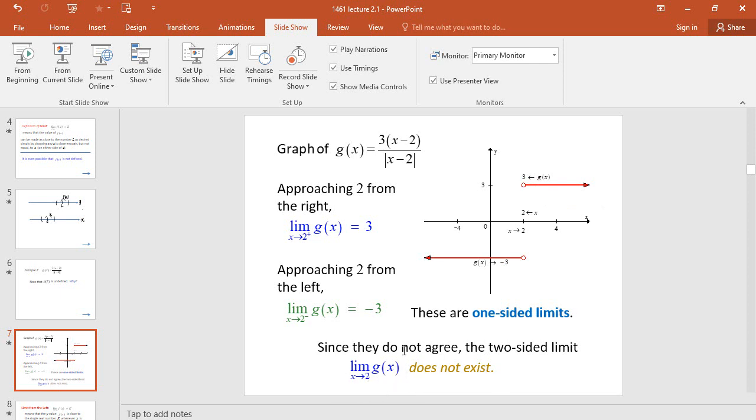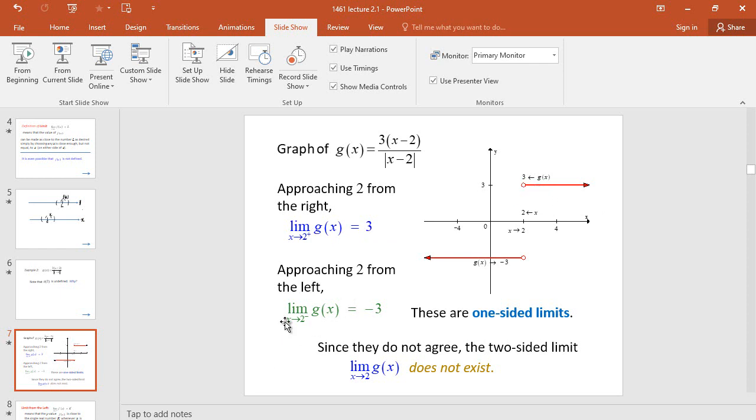Now this is a two-sided limit. But for such a function, we can say that the limit of g of x as x approaches 2 from the right side, by putting a plus sign on top of 2, we are saying that x is approaching 2 from the right side. In that case, the value of the function g of x is getting closer and closer to 3.